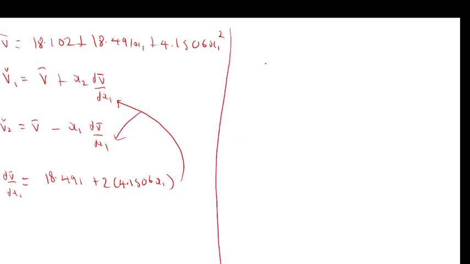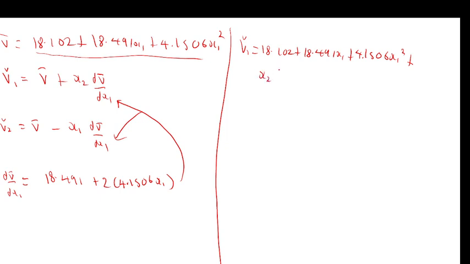So I'll do it for the first one. v1 is going to be v bar, that's this expression up here. So that's 18.102 plus 18.491 x1 plus 4.1506 x1 squared, then plus x2 times the dv dx1.